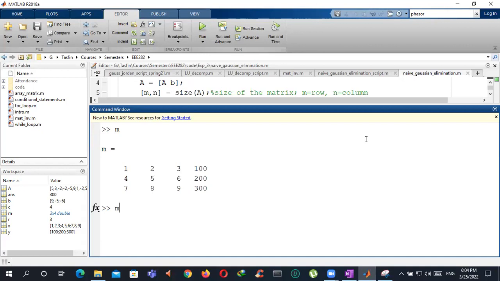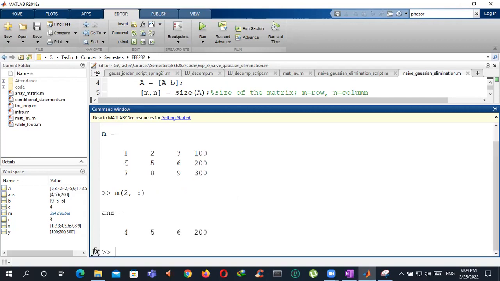Then I write M, put 2 for the second row, then a comma. Which columns do I want to access? All 4 columns. I can write it in 2 different ways. The easiest way is to put a colon, which means I want the second row and all the columns. If I hit enter, we get the second row.